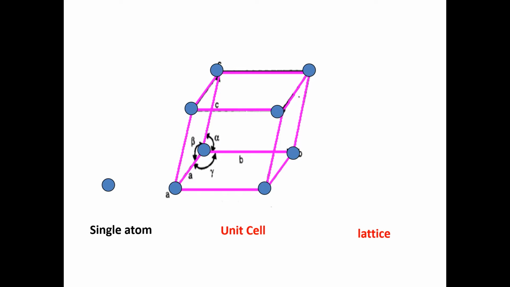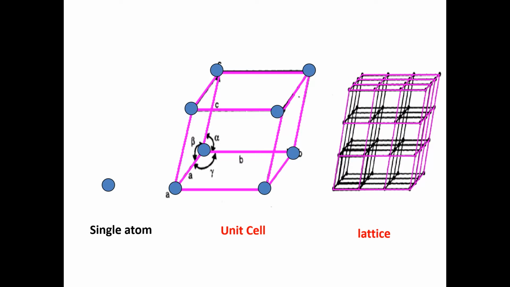So this is a unit cell. This is a single atom, this is a unit cell, and this is a lattice. Let me tell you what a lattice is. A lattice is a structure consisting of strips of wood or metal crossed and fastened together with square or diamond-shaped spaces left between, used as a screen or fence or as a support for climbing plants.